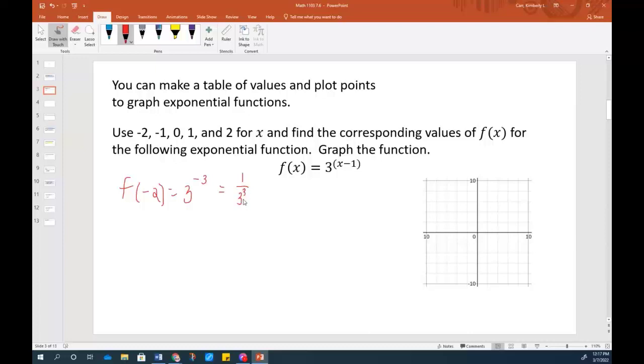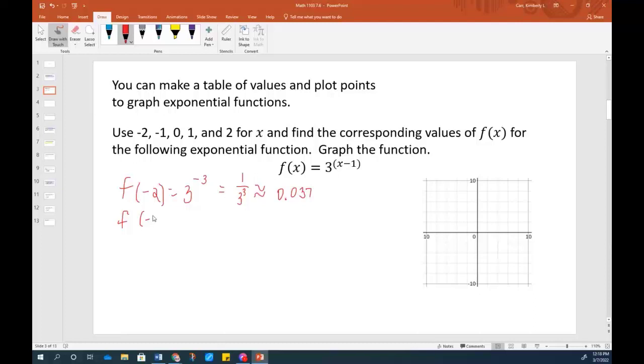And this is going to be a tiny decimal, because 3 to the third is 27, so it's 1/27th. But just pick up your calculator, and even with that negative, you can go 3 raised to the -3. And it is approximately 0.037. That is so small, so I can tell it's really going to be hugging that x-axis.